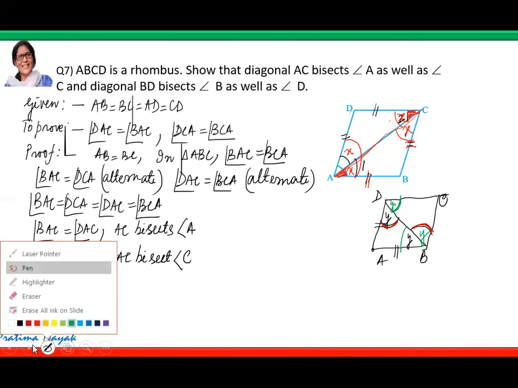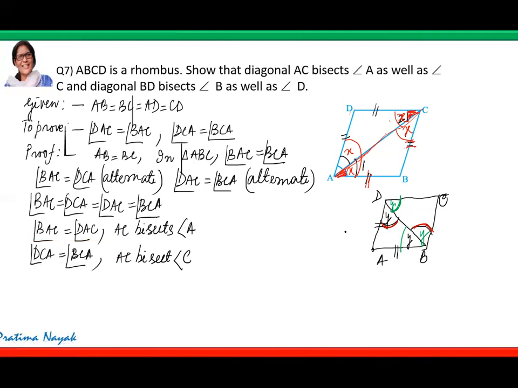So we can write in this way. If you are not able to follow, I'm just writing in very short. Join BD first. Angle ABD is equal to angle BDC.